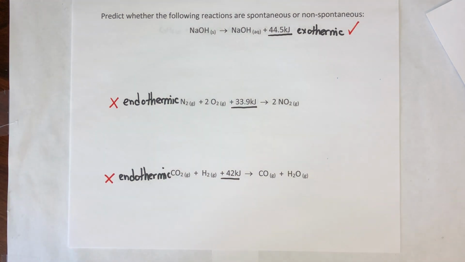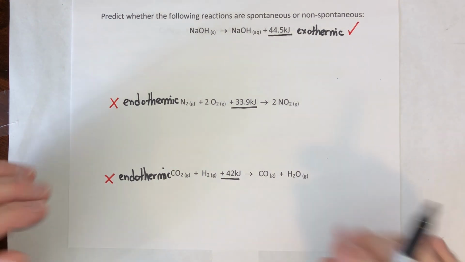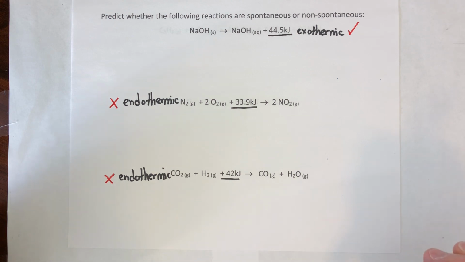Now, when you're doing these, you're not just looking at the enthalpy change. You also have to talk about the entropy change, the disorder. And like I said just at the beginning of the video, if you haven't watched my other video that talks about predicting entropy changes, you should pause and go back and look, because that's what we're going to use here.